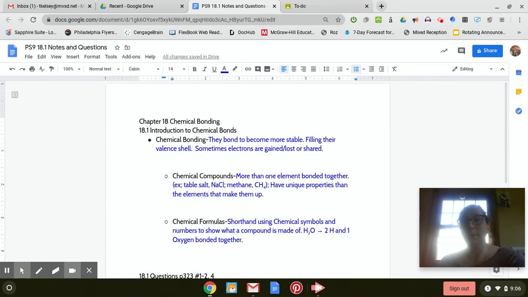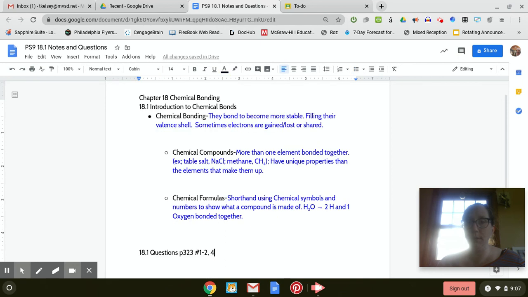Up above, in the sodium chloride, it's 1 sodium for 1 chlorine. They're in a 1-to-1 ratio. CH4, it's 1 carbon to 4 hydrogen. So that's how a chemical formula looks. It's a shorthand that everyone in the world agrees on using, and it tells you a lot about how the compound is organized.